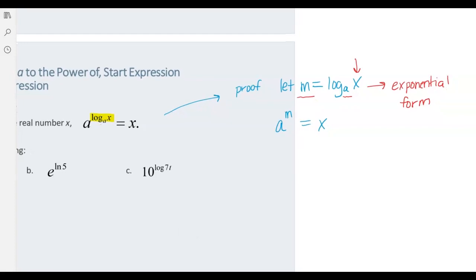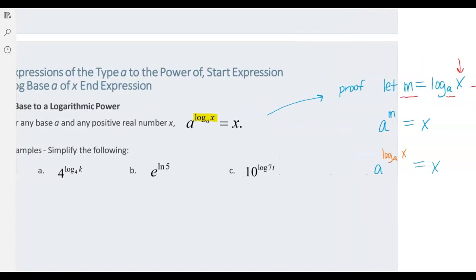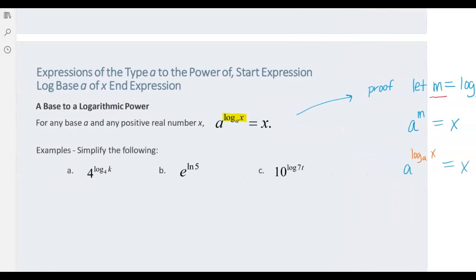And then just taking what you originally had and substituting it back in. Instead of writing m, we write log base a of x. We get what we're trying to prove. Kind of a little silly idea here. It's really just a definition in disguise.